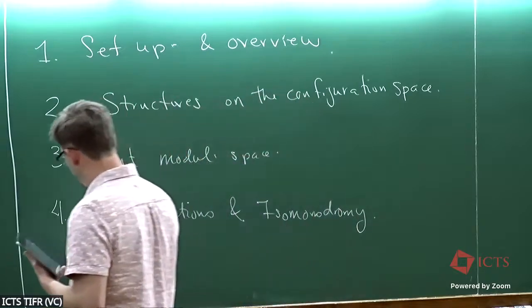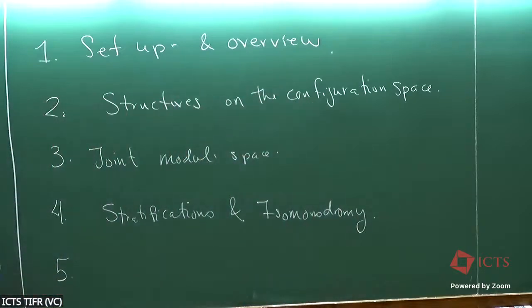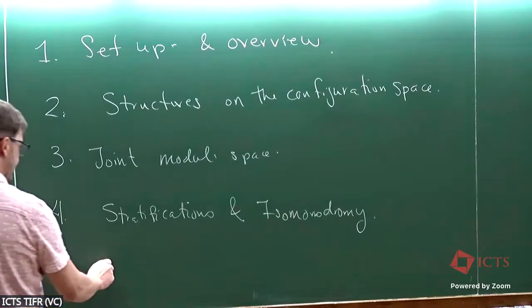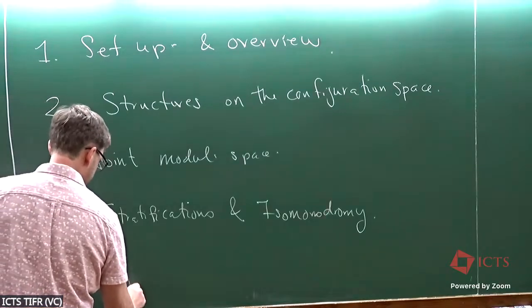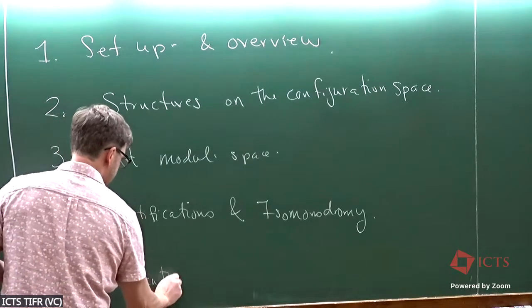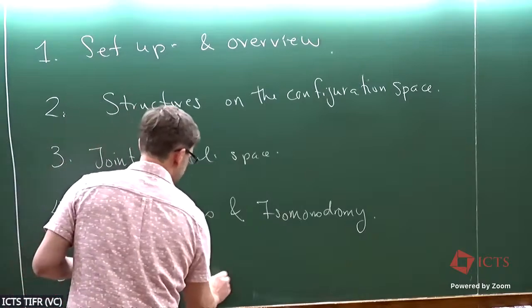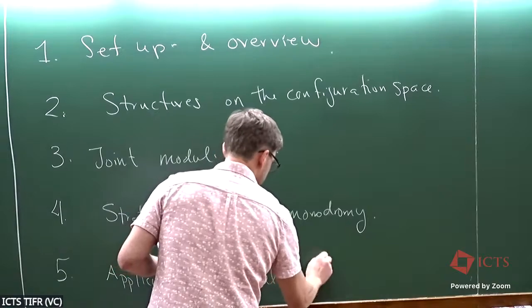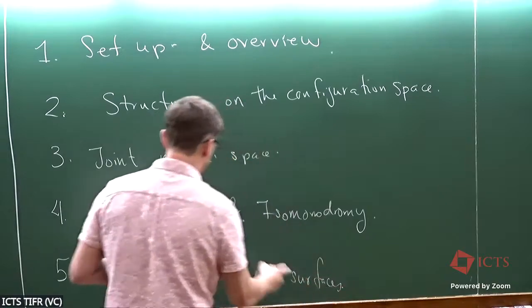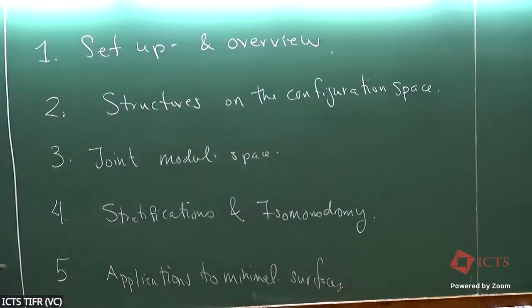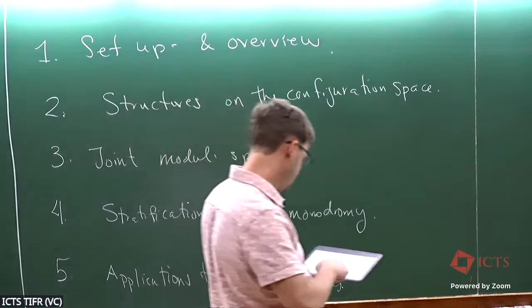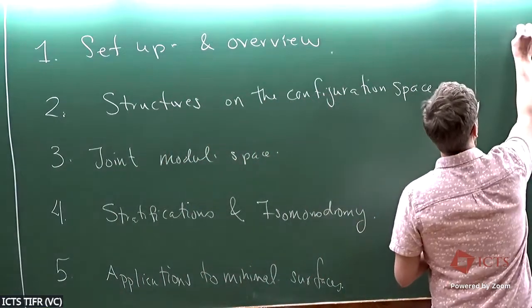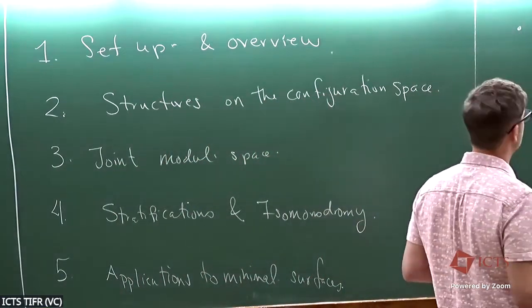And then in the end, in probably negative 30 minutes, I'll tell you about applications for minimal surfaces. At least in the overview, I'll mention some of these aspects, but I don't think we'll get to any of those details. We'll see. Okay, great.